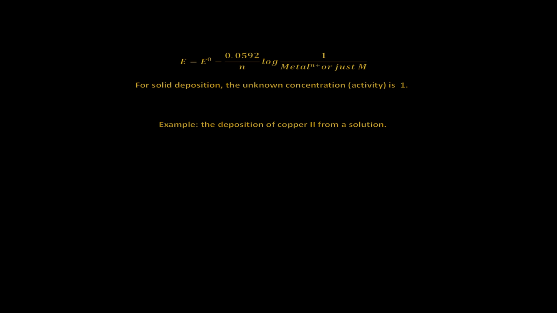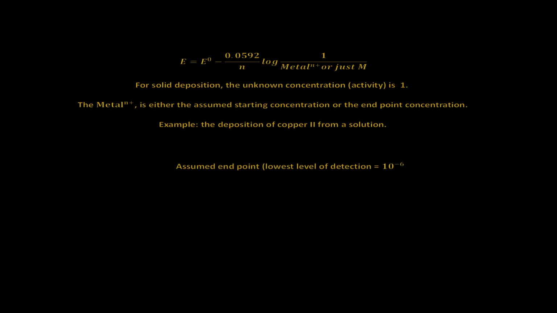One must not forget that the M, meaning the metal ion, is an assumed unknown starting concentration, or an endpoint concentration of the metal ion. In this deposition example, the endpoint concentration chosen is 1 part per million, or 10 to the minus 6. The reaction equation shows that N will equal 2, and the table shows that E0 is equal to 0.34 volts.